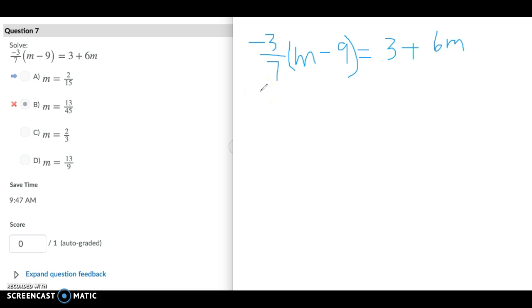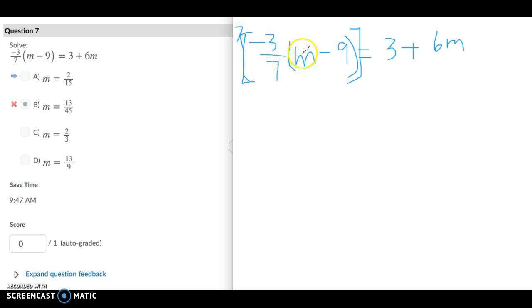Fractions can be really hard to work with. So what you can do is multiply the whole thing by the denominator. Since my denominator here is 7, I'm going to multiply this whole side by 7.